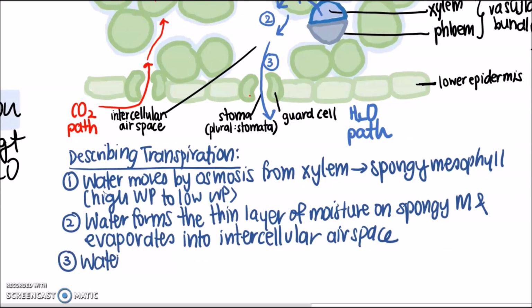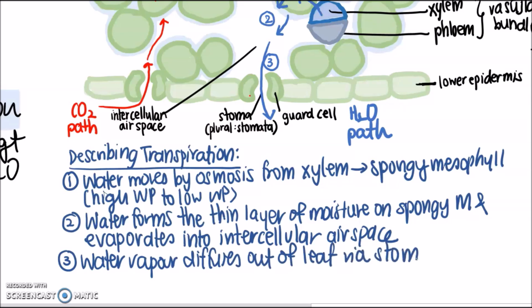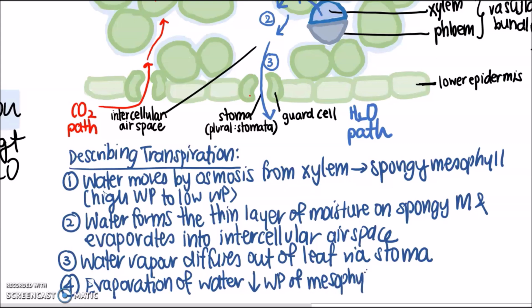So you can see from number 3, the diagram as well, water vapor then diffuses out of the leaf via the stoma. Take note, it is diffuses, not osmosis, because now it is a gas molecule and not a water molecule. Now, this overall process of evaporation of water decreases the water potential of the mesophyll cells because water is being continually lost, right?